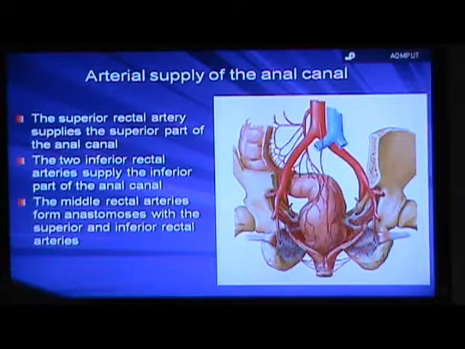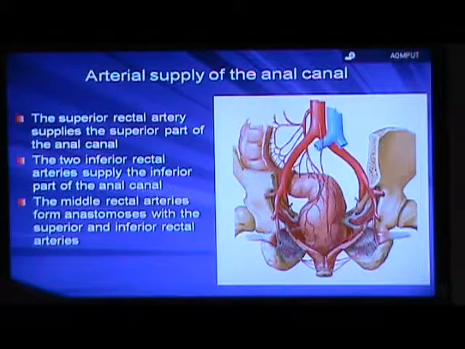So, one more time, let's look. The superior rectal artery, which is a branch from the inferior mesenteric artery, supplies the superior part of the anal canal. The two inferior rectal arteries, on both sides, because the internal iliac artery is paired, supply the inferior part of the anal canal.